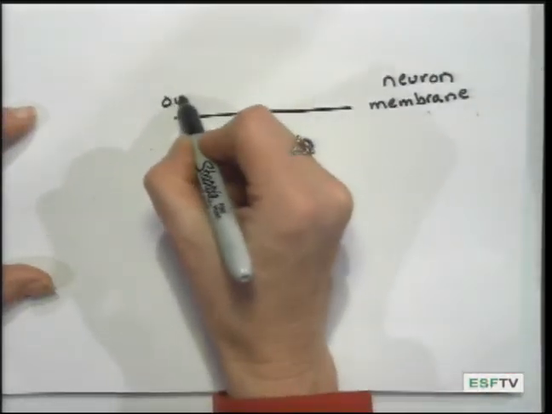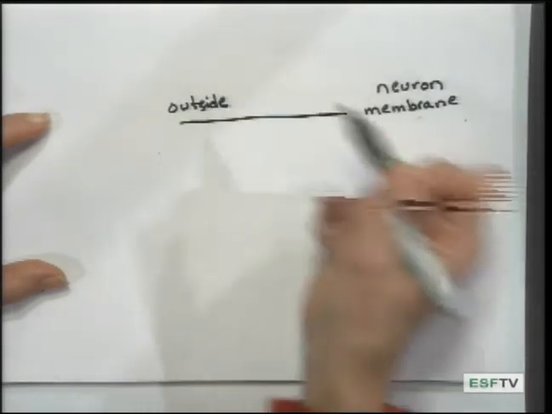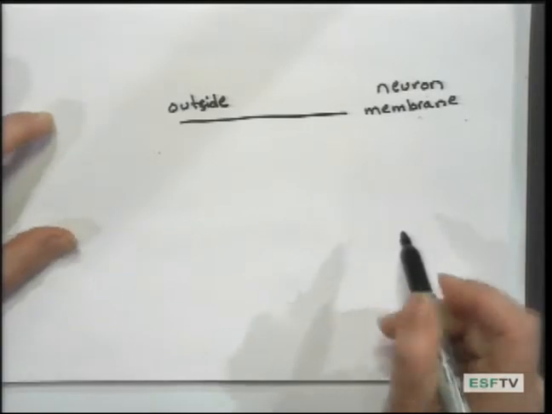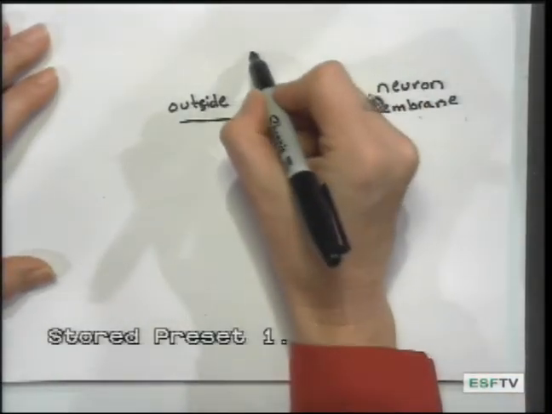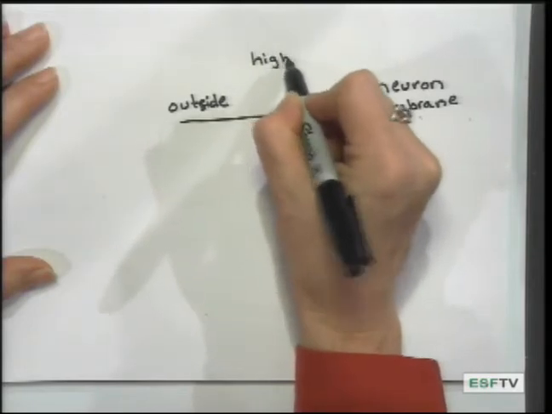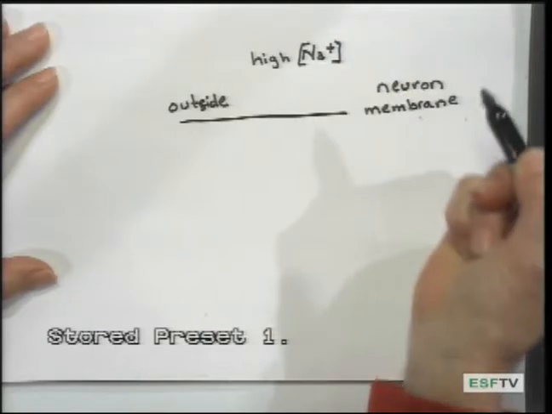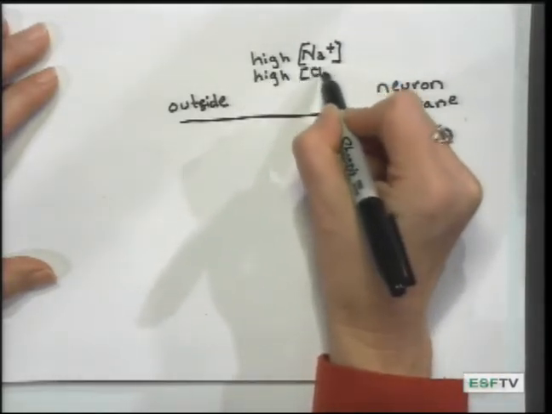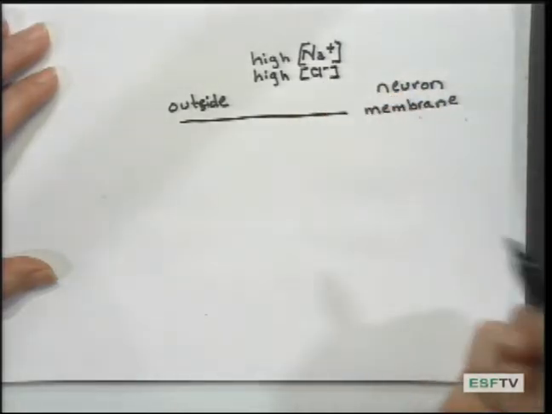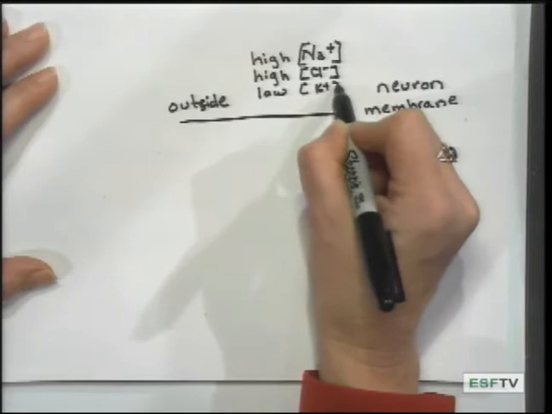On the outside of the cell, you're going to have different concentrations of ions. On the outside of the cell, you're going to have high concentrations of sodium, high concentrations of chloride, and low concentrations of potassium.